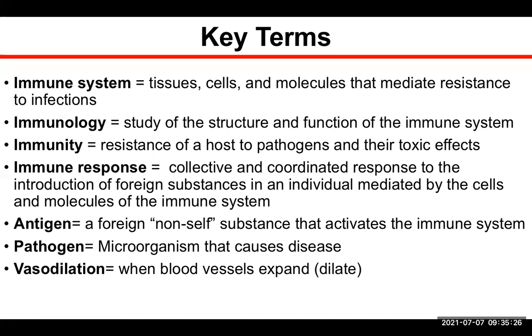So these are going to be things that aren't naturally found in our bodies. And then vasodilation is something I'm going to talk about at the end, and I'll try to reemphasize it, but just to give you guys a preface to it, vasodilation is when your blood vessels are expanding, and it's something that your immune cells regulate when infection is occurring.